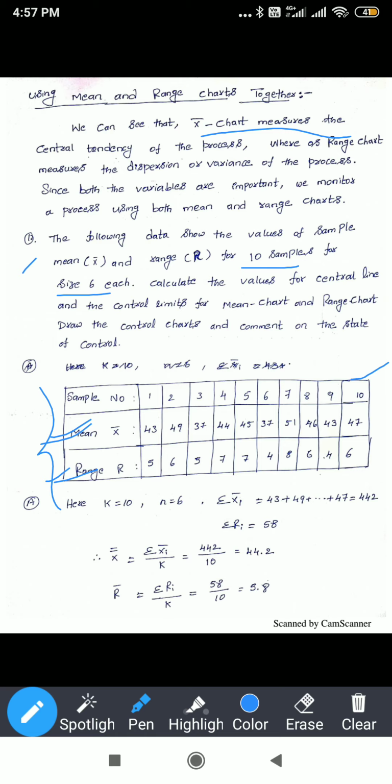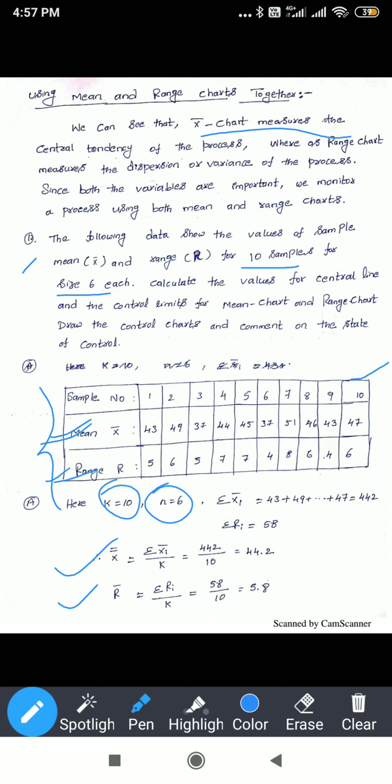Here in the question, they did not give the standard error sigma, so we use the formula with the statistical values D4, D3. First calculate the mean of the sample means and the mean of the ranges. Total samples are 10 and each sample size is 6.